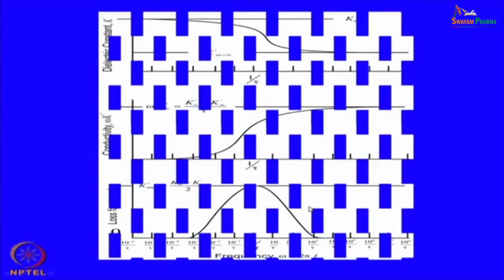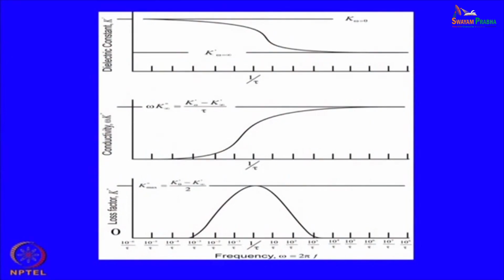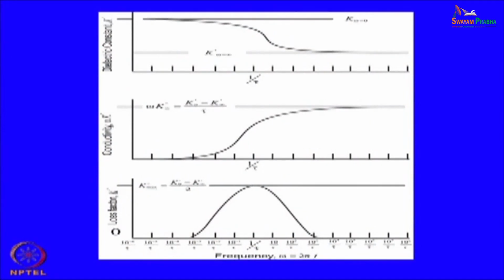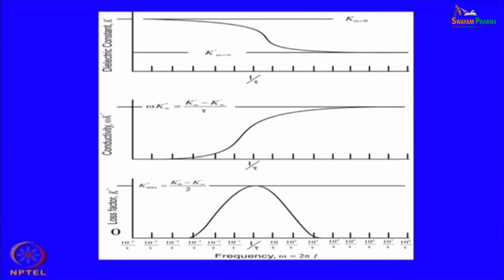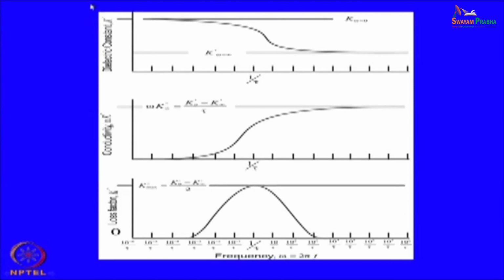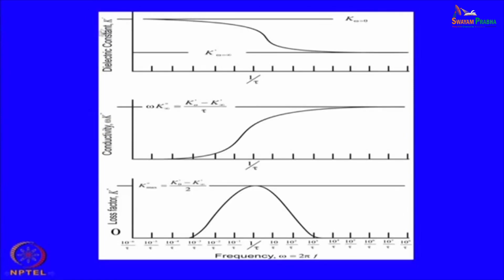Now, if you plot these parameters, three parameters have been plotted here. One is the dielectric constant, k prime, which is proportional to epsilon prime, used in the equation previously. So this is either k prime or epsilon prime.